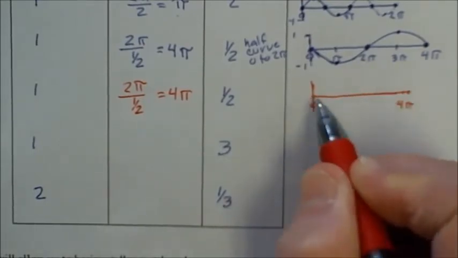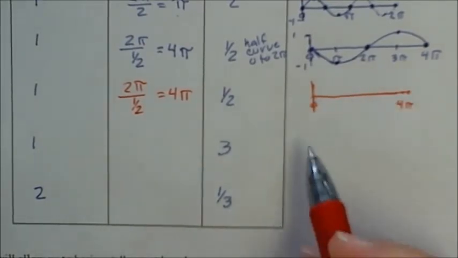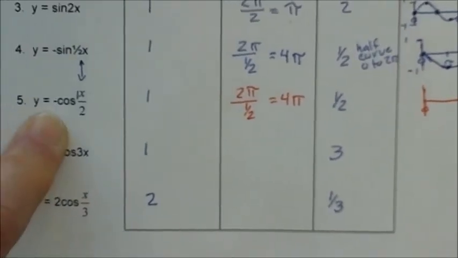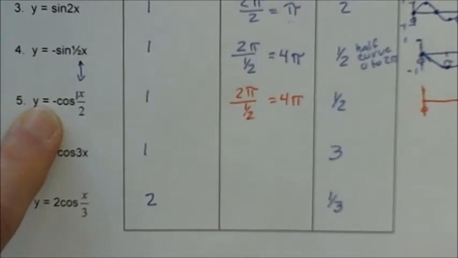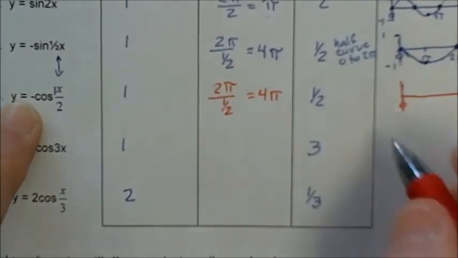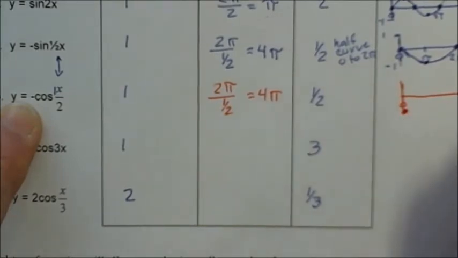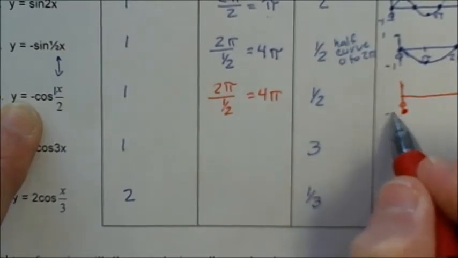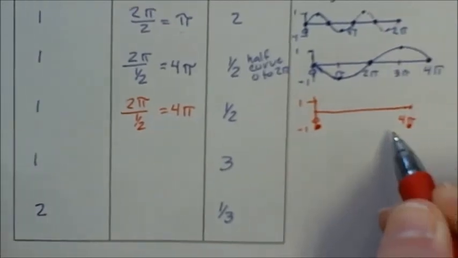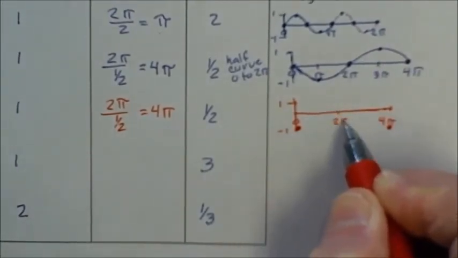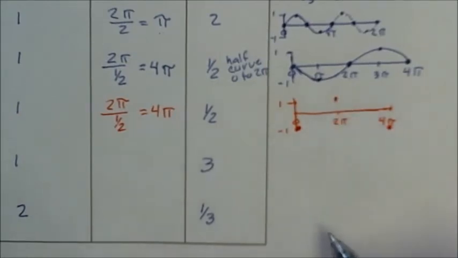And cosine starts at the max, ends at the max. But be careful, okay? We've got that leading negative, so that means it's going to be inverted. It's actually going to start at its min, end at its min, so at 4 pi would be at -1. Midway between at 2 pi would be at +1.